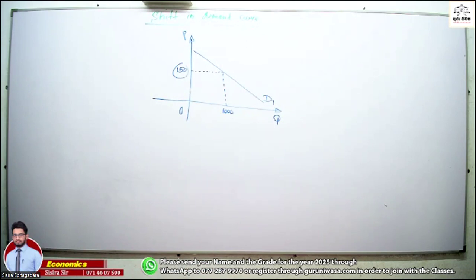What will happen to Milo demand? It goes up, increases. People will definitely start drinking more Milo, causing demand to increase. Now people buy more units, assume 1,500 units.